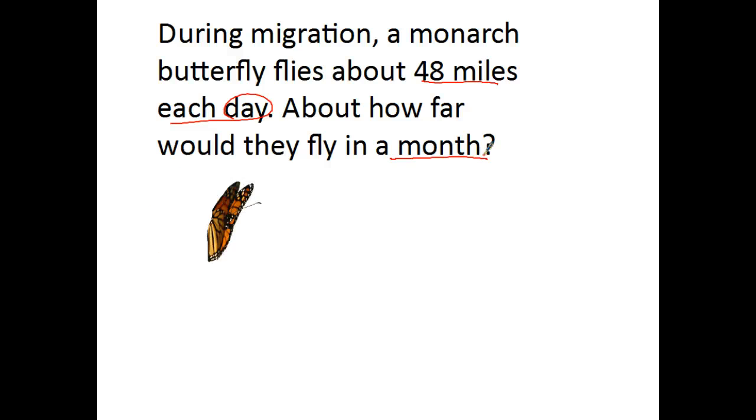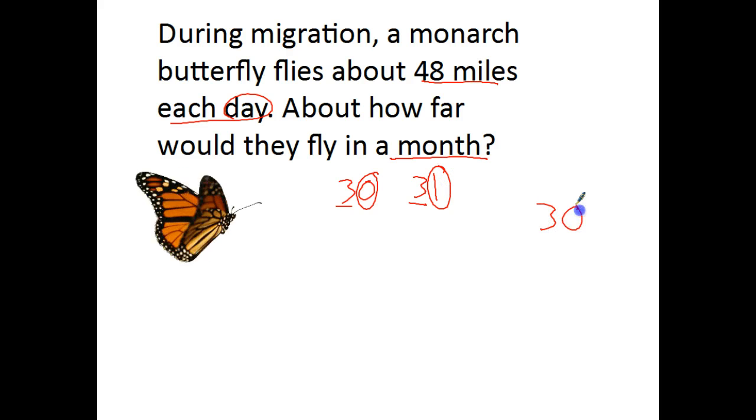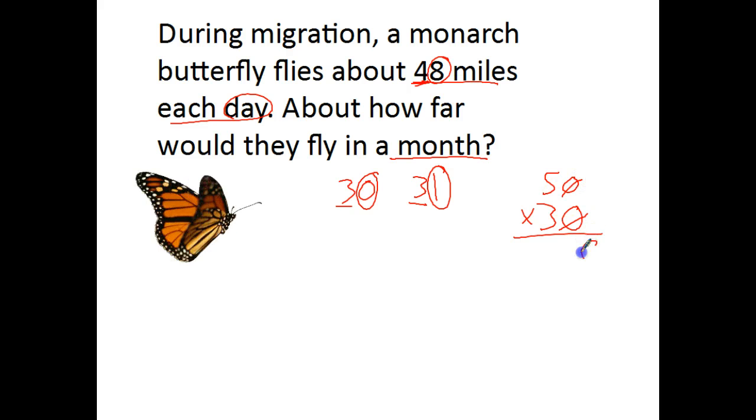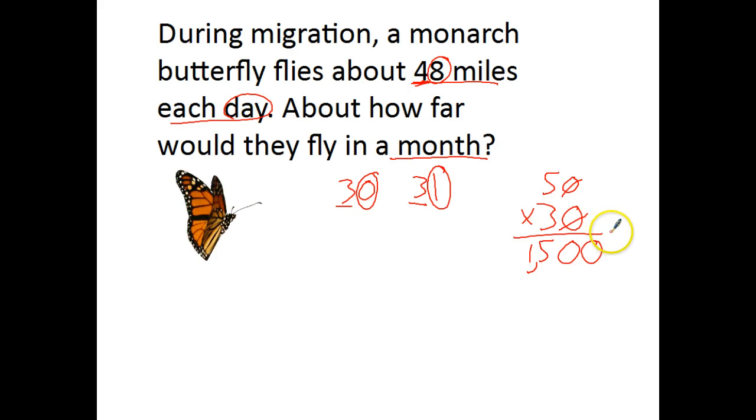Well, some have 30, some have 31, some have 28 or 29, but no matter which one I pick, they're all going to round to 30. And my 48 miles, level 8 bully, get off my floor, go up one more, is going to 50. 30 times 50 gives me 1, 2 zeros. 3 times 5 is 15. Put my comma in, 1,500 miles.